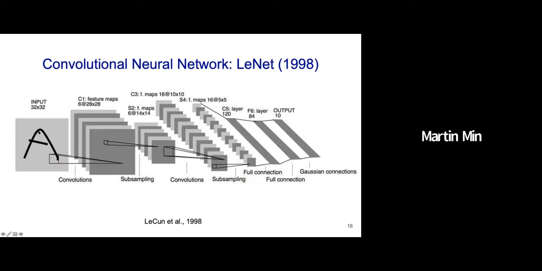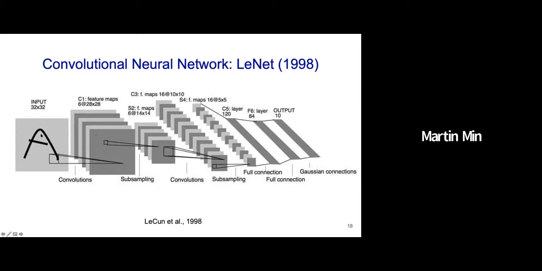Similar to the Hubel and Wiesel experiment, in the primate visual system we have many different types of edge detectors. To simulate that, we can have many different convolutional kernels.